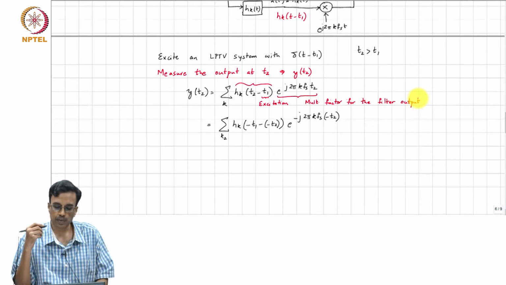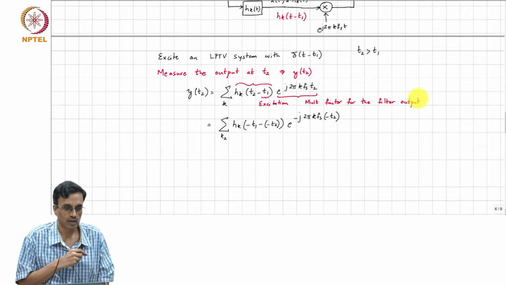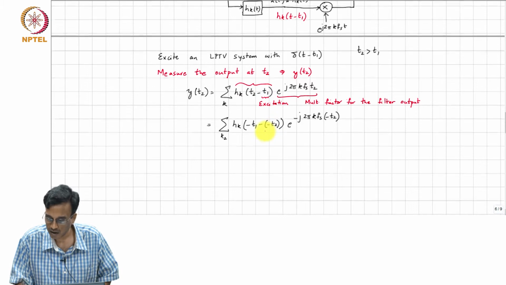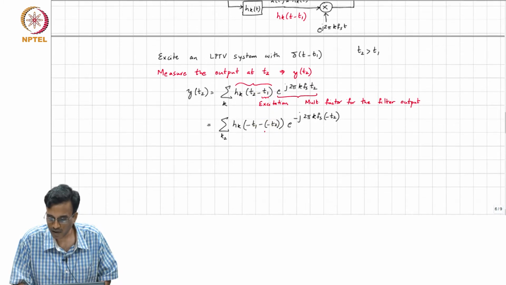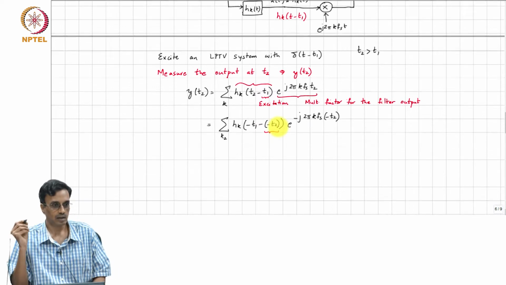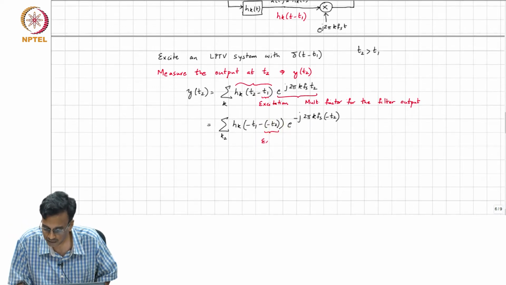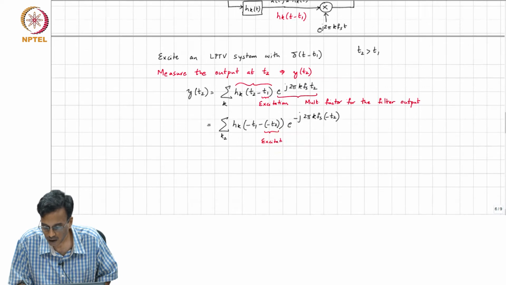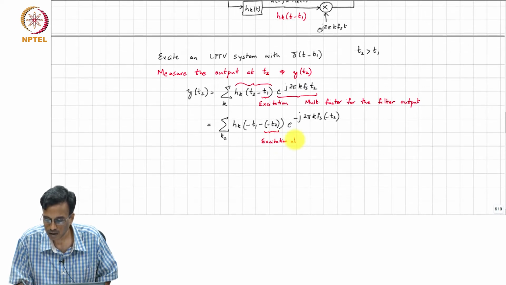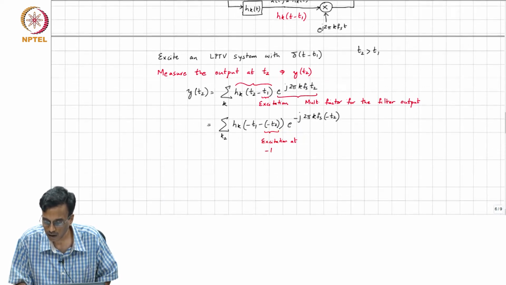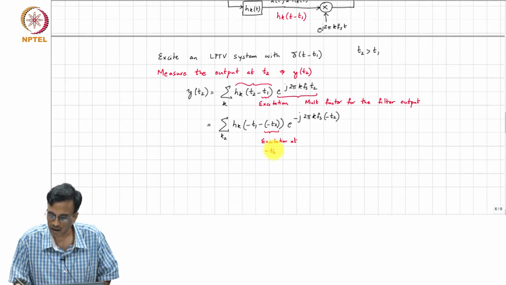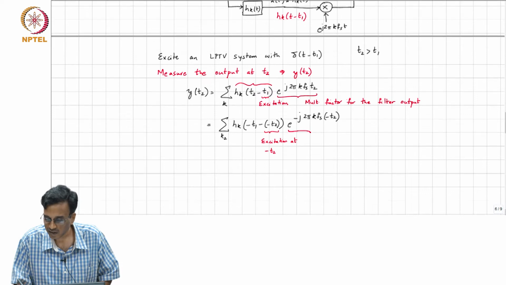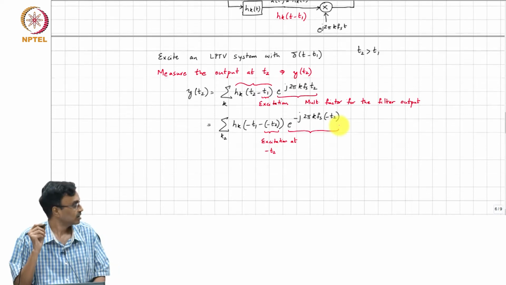Now, if you want to interpret this equation, looking at the equation above, at what time are we exciting the filter? Minus t2. So, this excitation is at minus t2, and this is a multiplying factor.